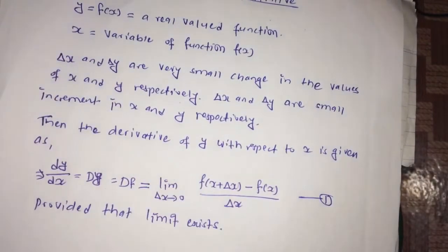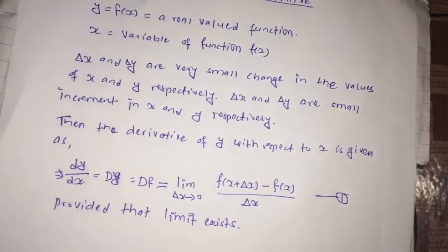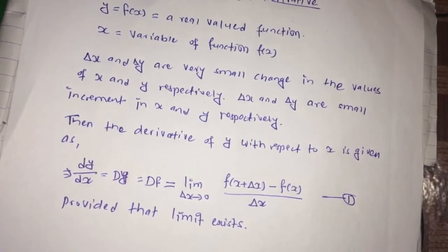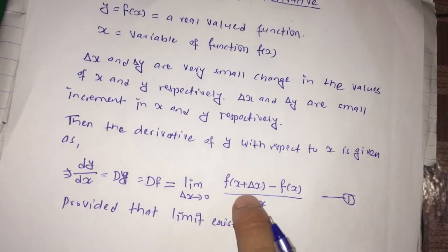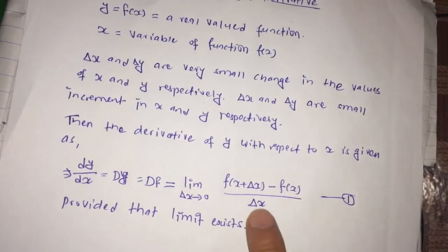So if del x and del y are very small changes in the values of x and y respectively, then the derivative of y with respect to x is given as dy by dx, or capital D y, or capital D f, is equal to the limit as del x tends to 0, or del x approaches very close to 0, of the ratio f of x plus del x minus f of x divided by del x.